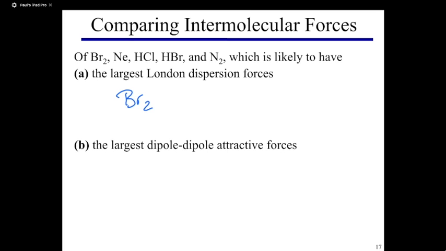Which of these has the largest dipole attractive force? Discuss.